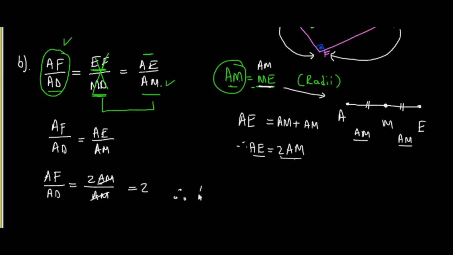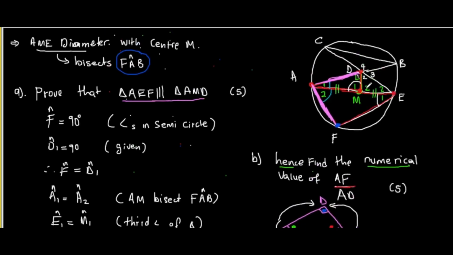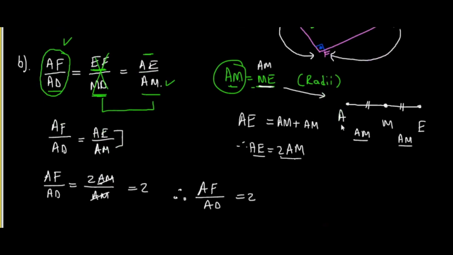Therefore, the numerical value of AF over AD is equal to 2. We just need a number. So you just have to find a way to get rid of one of those two. But when you look at this, you can see that AM and ME are equal. So now, since they are equal, I can find AE by adding the two.